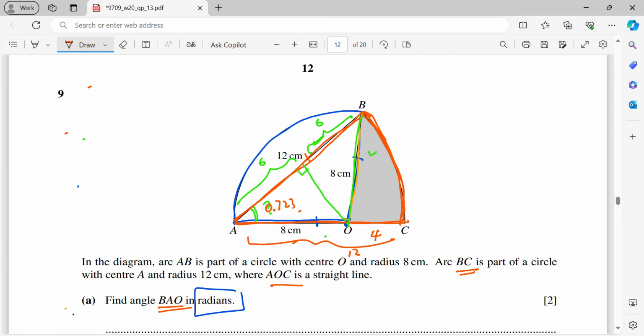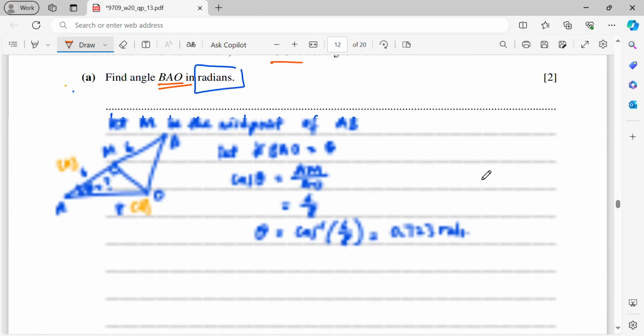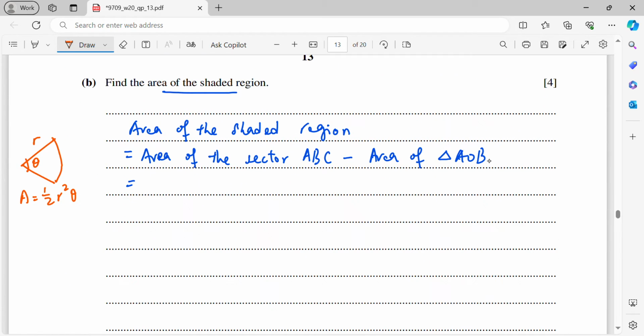So the area of the sector is half r squared theta. Half, r is 12, theta is 0.723. That is my area of the sector ABC. Now I minus the area of triangle AOB.